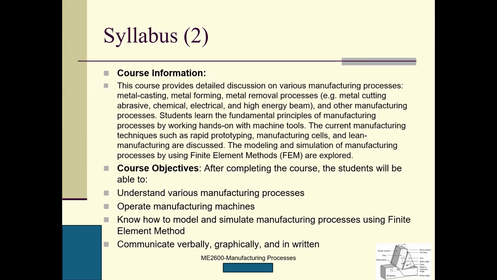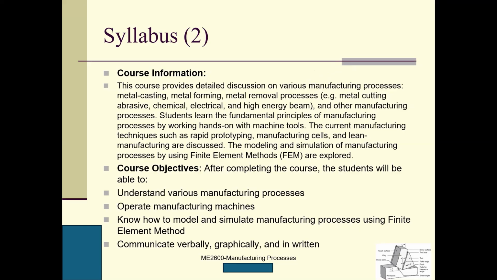Next, know how to model and simulate manufacturing processes using FEM. This is very, very important, and we will spend a lot of time on the modeling and simulation of manufacturing processes. Communicate verbally, graphically, and in writing, so you have several lab project reports. Any questions regarding this slide?